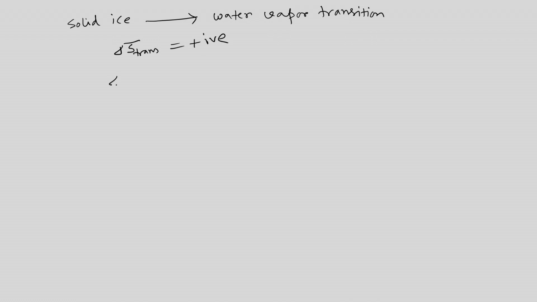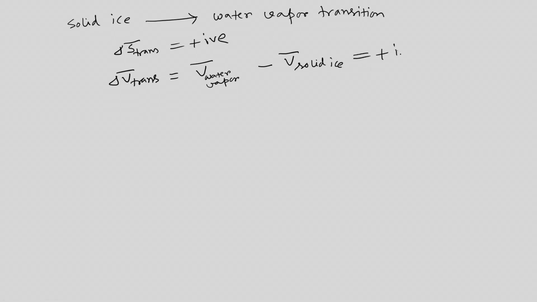Delta V transition is nothing but V bar of water vapor minus V bar of solid ice, because solid ice goes to water vapor, and it is also a positive quantity because the molar volume of water vapor is much higher than the molar volume of solid ice.